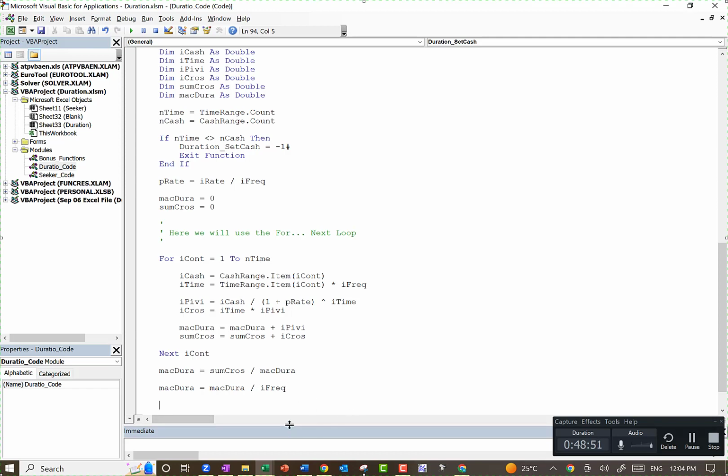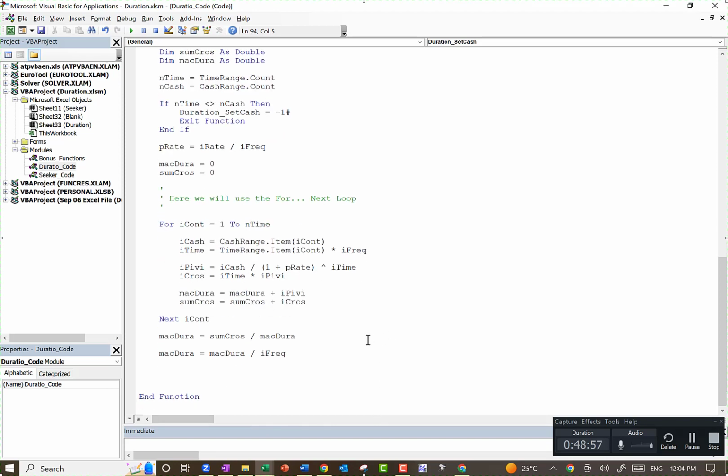So we go back, and finally, all I have to do is take the Macaulay duration and divide it by 1 plus period rate. Okay, we're done.